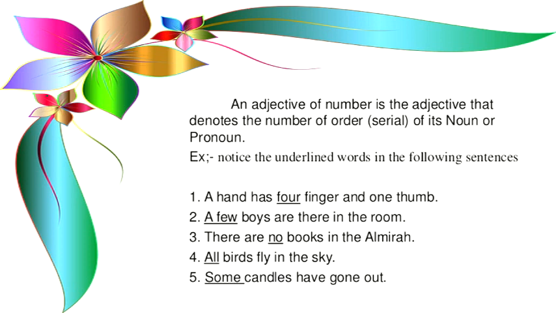Okay, remember this point. Now you must be wondering what if these words are used before uncountable nouns? Then what will happen? Yes, dear children, this we are going to study now.